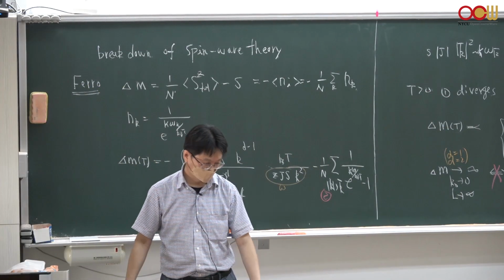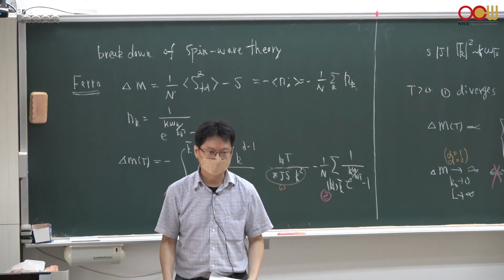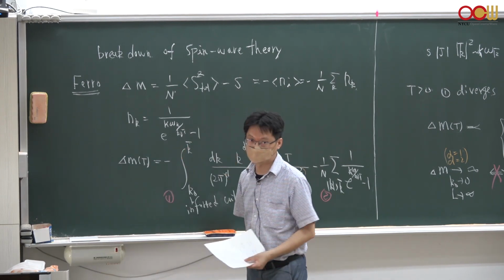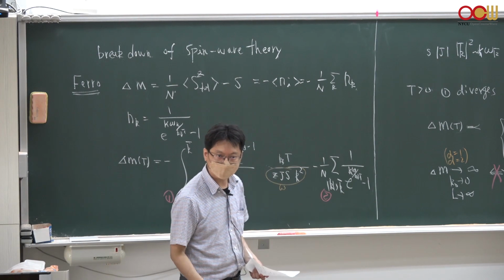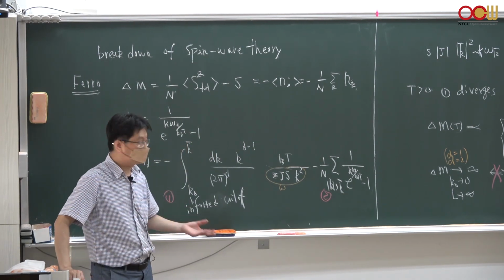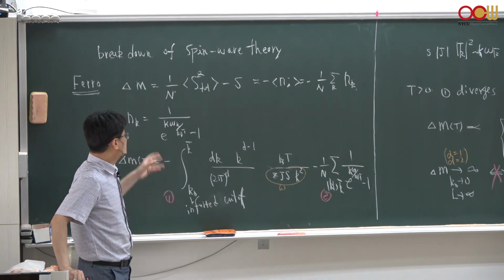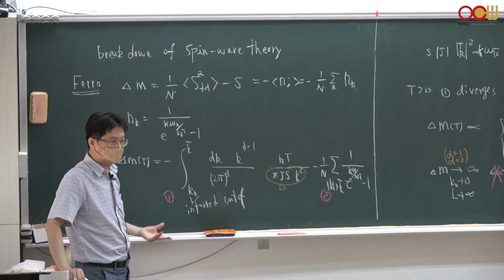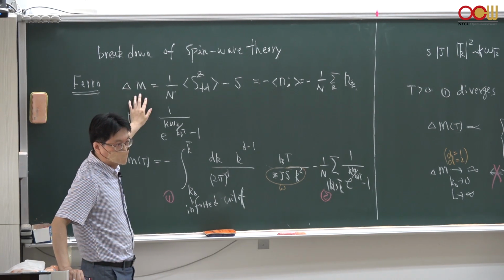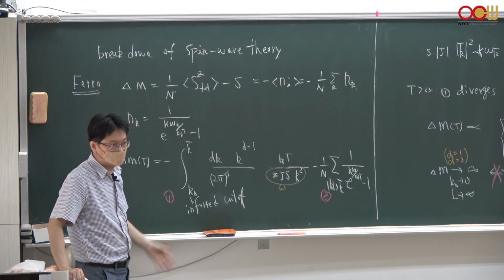Okay, so let's continue. Before we study the antiferromagnet, let's just do this simple exercise for a ferromagnet at finite temperature, and in particular, we will evaluate again the number of spin flip events, or the change of the spin angular momentum or magnetization delta m per site for this ferromagnet.